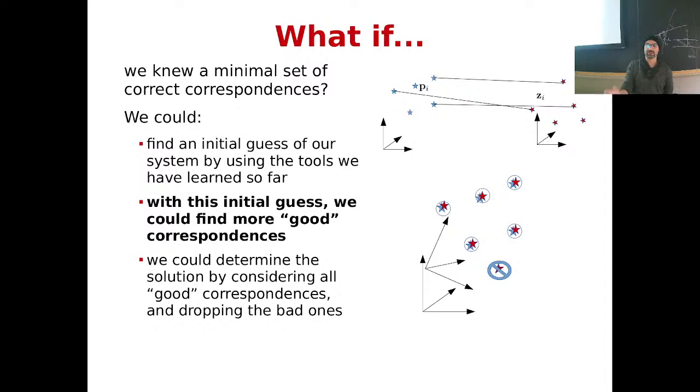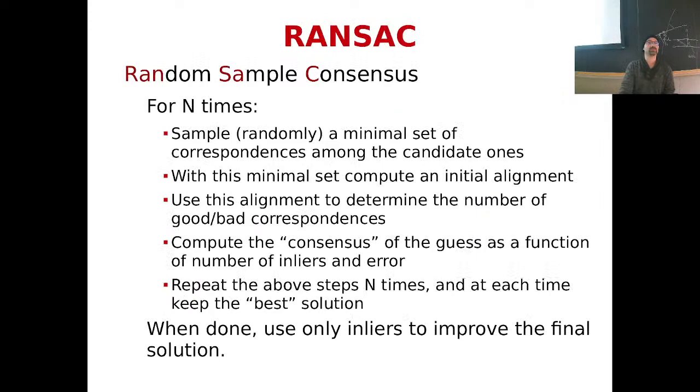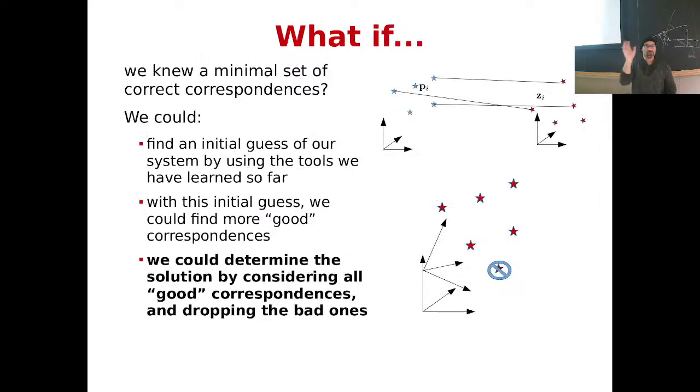Once we have done that and we have pruned the bad correspondences, we could calculate an optimal solution because we have now eliminated the evil ones, and we could refine the solution by applying, I don't know, a least square optimization, whatever we know that refines the things very finely. Okay? This is the concept.